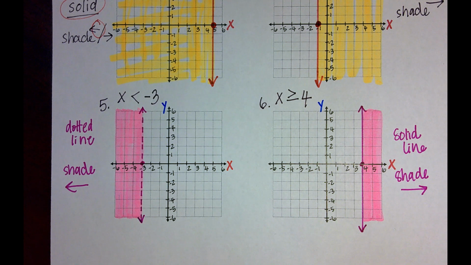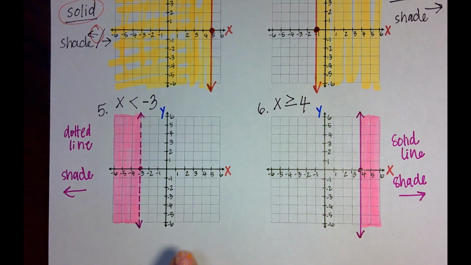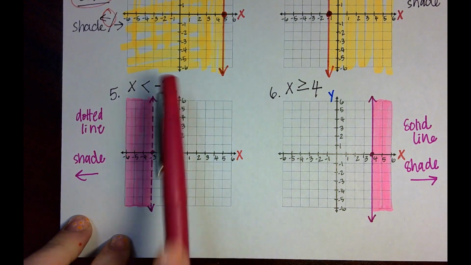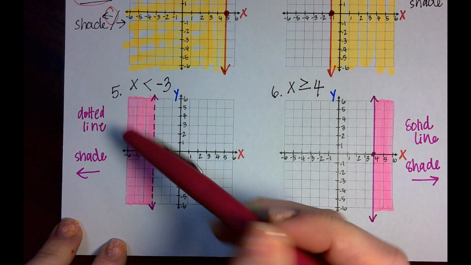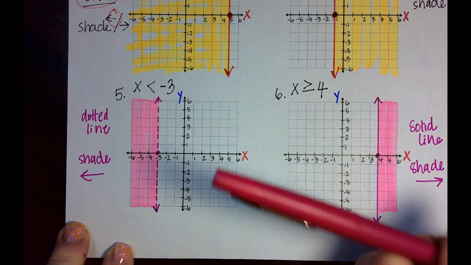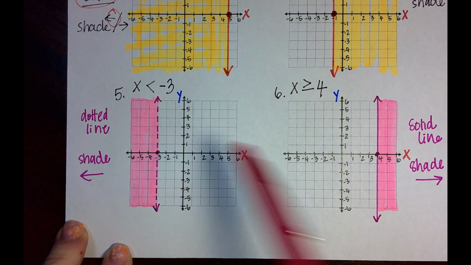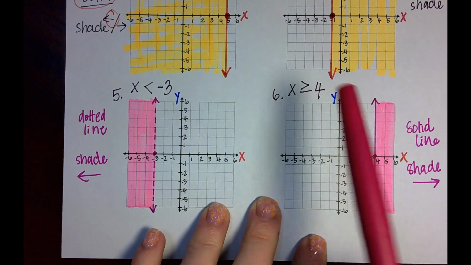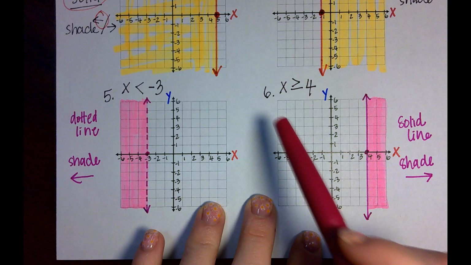Okay, so we are back from our break, and these are the answers to the problems I had you do on your own. Number 5, we had less than -3 for x, so we have a dotted line, and we shade to the left from -3. And for number 6, we have greater than or equal to, which gives us a solid line.